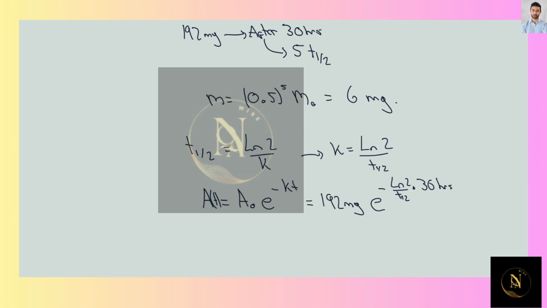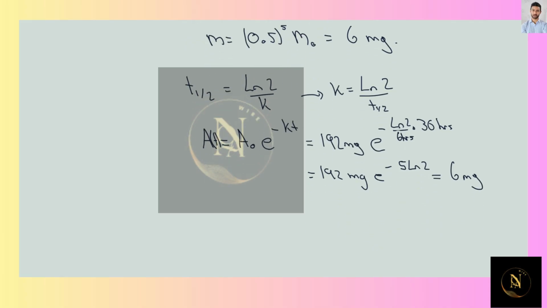Remember that the half-life time is going to be equal to 6 hours. So this becomes 192 milligrams times the exponential of minus 5 times the logarithm of 2, which gives us exactly the same result, 6 milligrams.